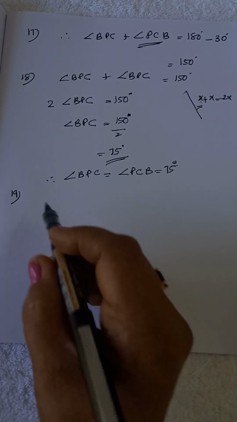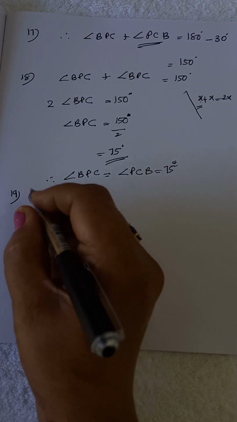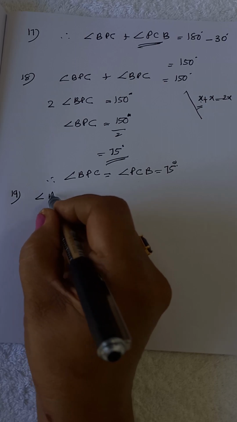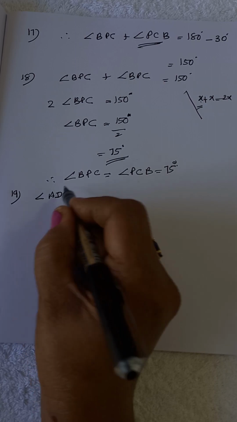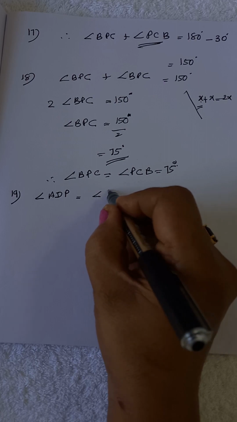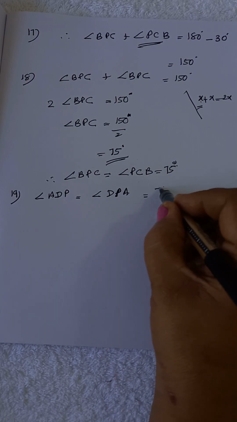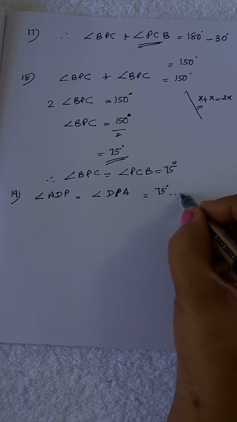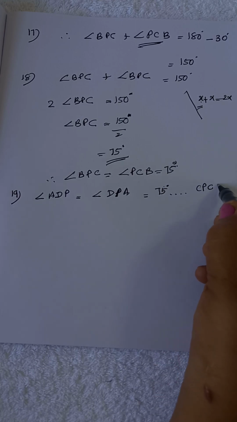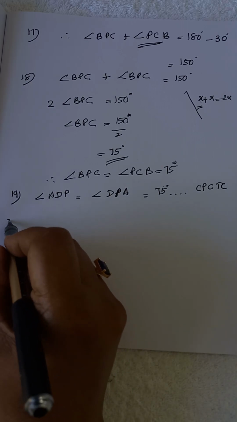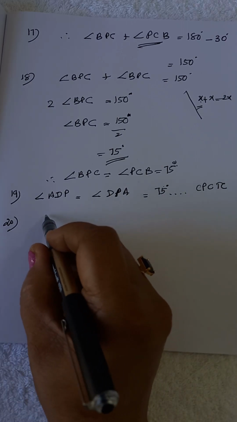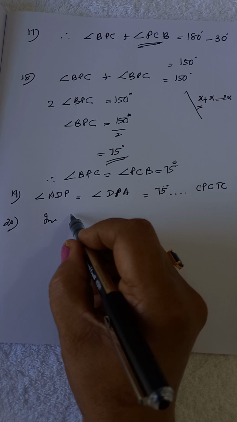So we can write the 19th point as angle ADP is equal to angle DPA, and that is equal to 75 degree. Reason is CPCTC.